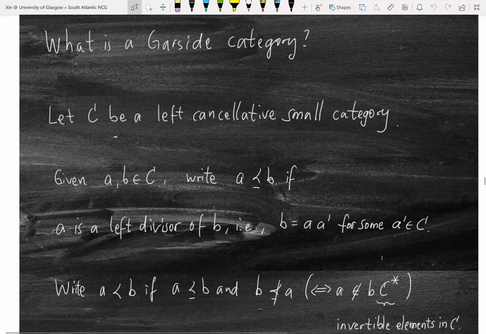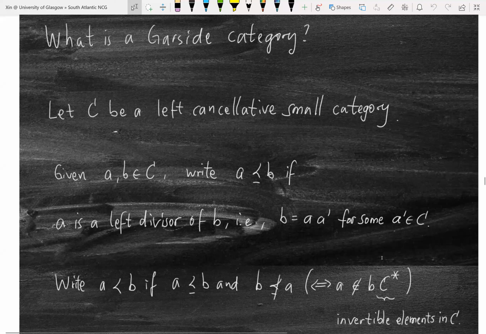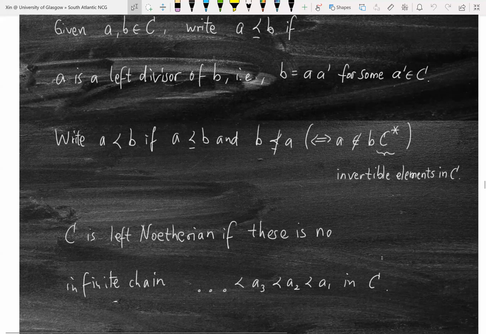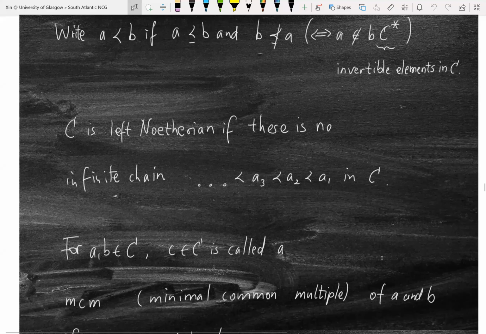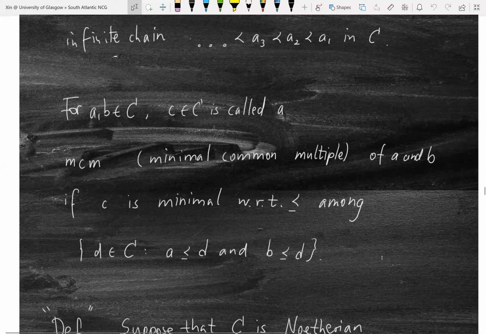And then there is a finiteness property you can ask whenever you have this relation. Left Noetherian means that you cannot find an infinite chain in your category of smaller and smaller divisors. So this is one condition that we will need in the definition of Garside categories. And then the other ingredient is this notion of MCMs, minimal common multiples.